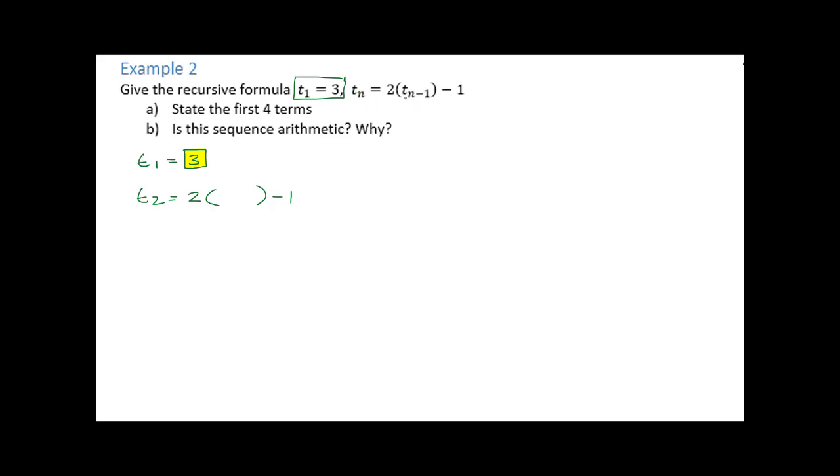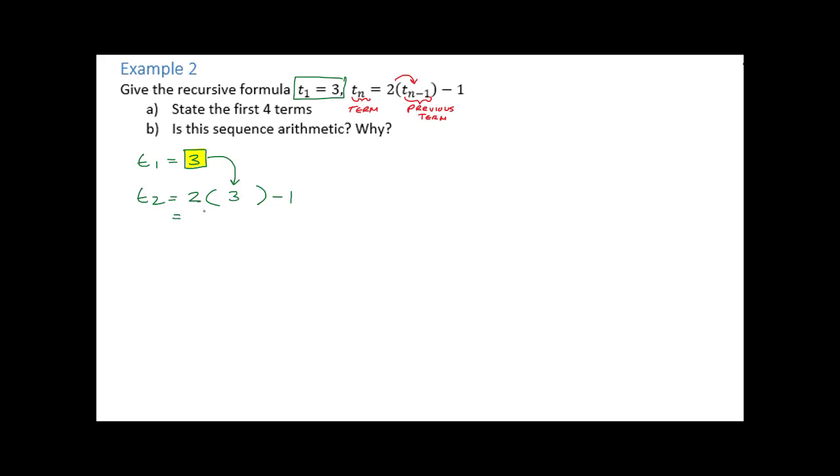This right here is the previous term. All right, and that's what this part of this, learning these, is just learning to read the lingo. That's really what this is about, teaching you how this kind of recursive pattern works. So any term, whatever term you're on, we're on term 2, 2 times the previous term minus 1. All right, so what's the previous term? It's 3. There we go.